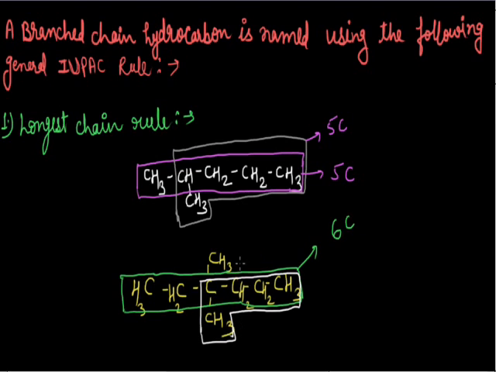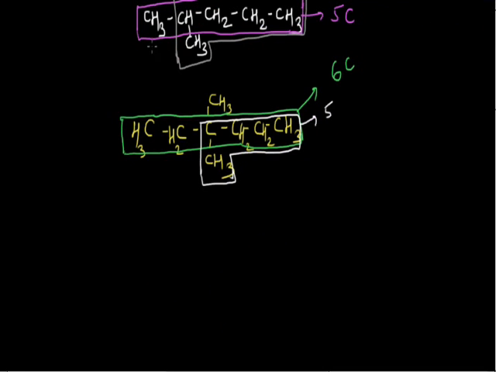In the second carbon chain we can see that only 5 carbon atoms are present. So we will choose the first carbon chain in which 6 carbon atoms are present, because it is the longest carbon chain rule, and in the longest carbon chain rule we have to select the carbon chain in which more carbon atoms are present. So here we will choose the first carbon chain in which 6 carbon atoms are present.